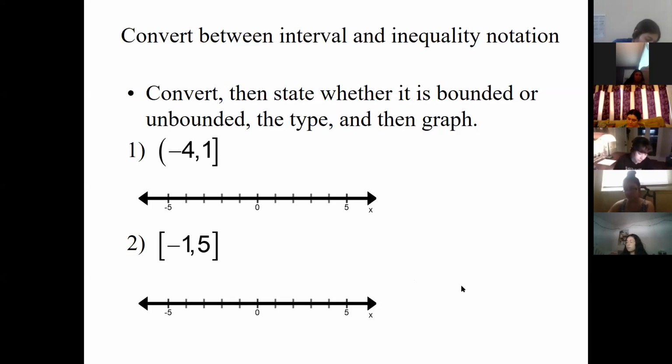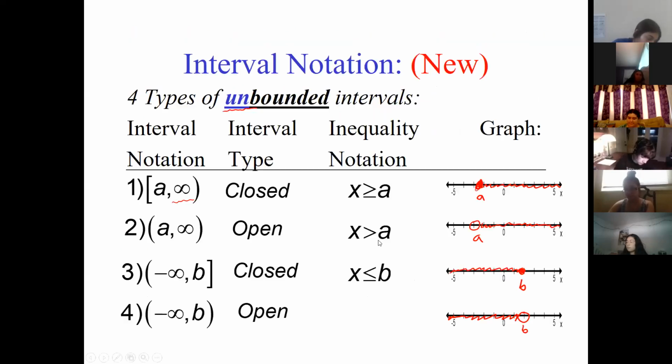And then Elizabeth asked, why is the first one closed? Let me go back to previous. Are you asking about this number one, Elizabeth? So we classify this as closed because A has a bracket. These are different because these are unbounded.